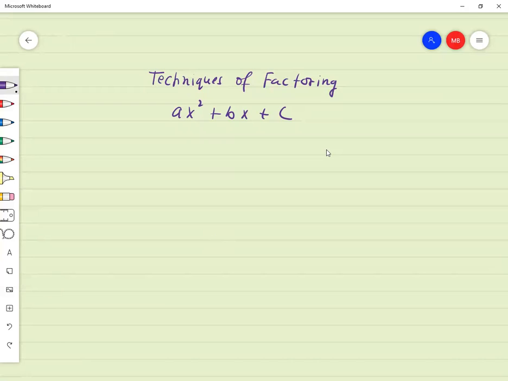In this video, I'm going to explain the techniques of factoring a basic quadratic trinomial ax squared plus bx plus c. And I'm going to divide these into two parts. The first part, type 1 trinomial, where the coefficient of x squared is 1, where the trinomial looks like this, x squared plus bx plus c.